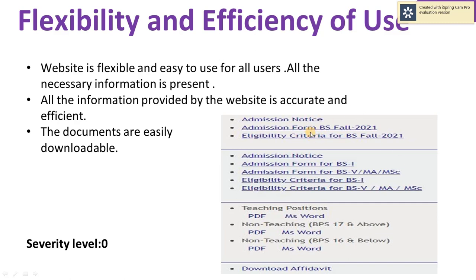First of all we have the admission notice and admission form for the BS program, and eligibility criteria for BS. In this way all the necessary information can be easily downloaded by the user according to his need. So that's a good thing. So here the severity level is 0 because the website fulfills this check.